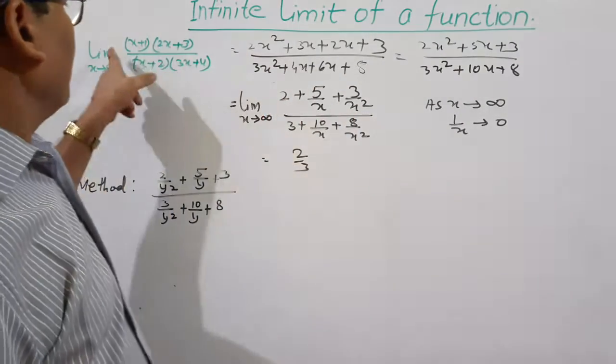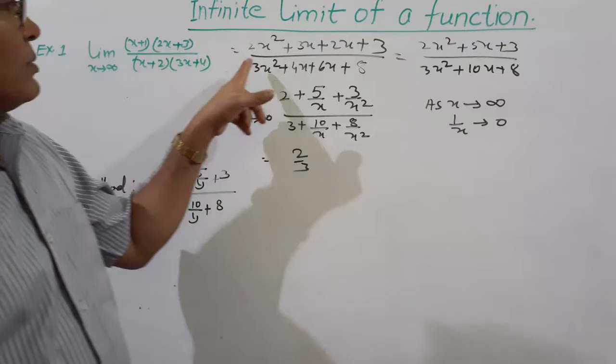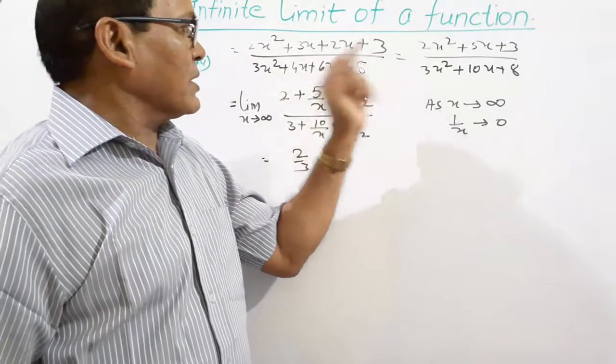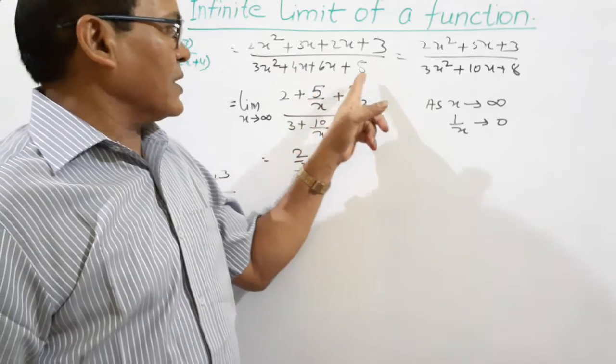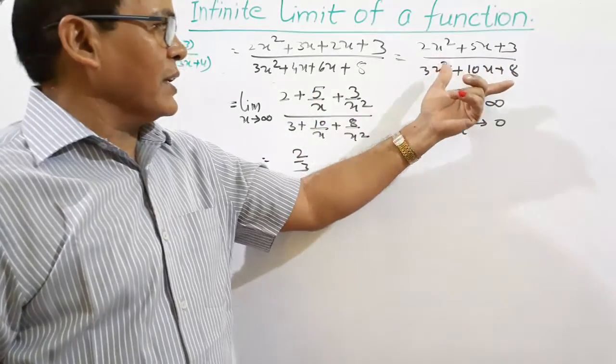Here we break the bracket and we are getting 2x square plus 3x plus 2x plus 3 divided by 3x square plus 4x plus 6x plus 8. And when we simplify, we are getting the following.